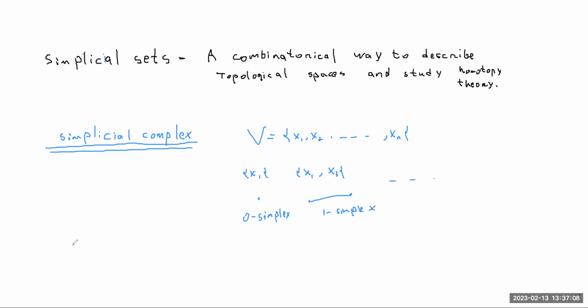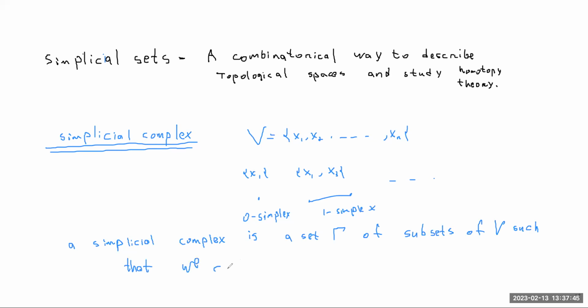So a simplicial complex is a set of subsets of V with the rule that we cover V, because we want these to be our vertices.